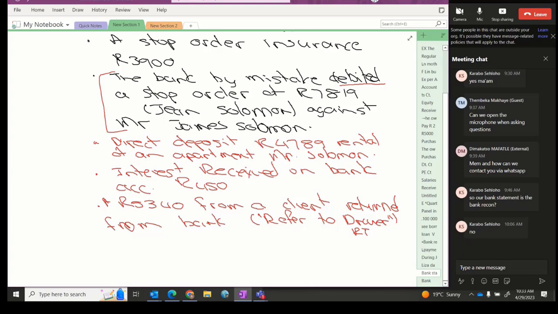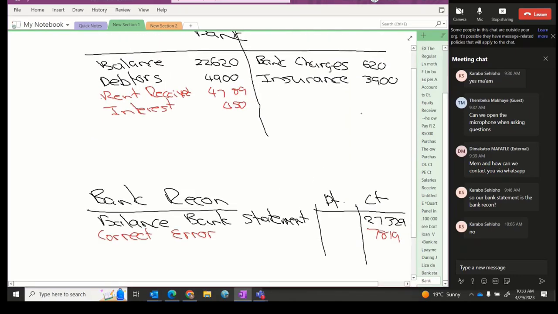So if you receive a check from a client, a debtor, for 5,340, the bank already did their change because they said there's no money, refer back to the drawer. Where are you going to put it, in your bank or your bank recon? Because you have to write back the money that you received, the 5,340.